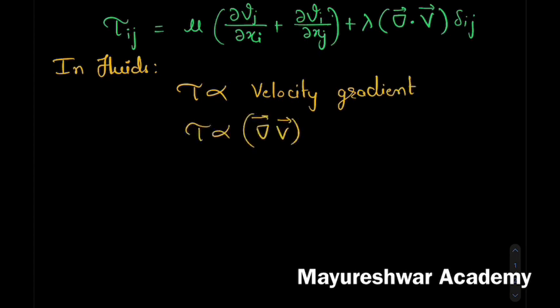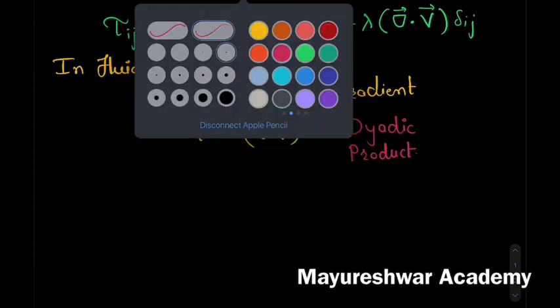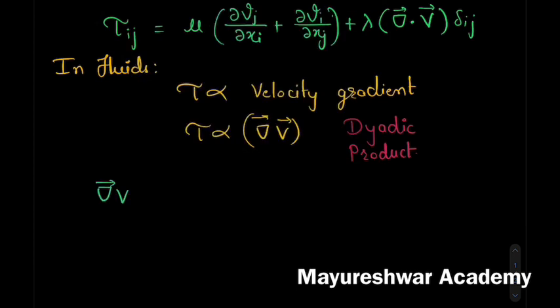Now here you need to note that this product is something called a dyadic product, which we have already stated in earlier videos. You go through it. And this del bar v bar, since it is a dyadic product, will consist of three tensors.